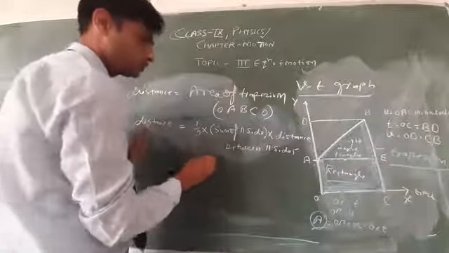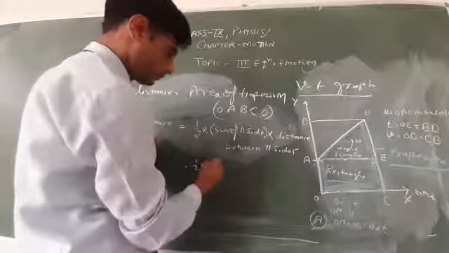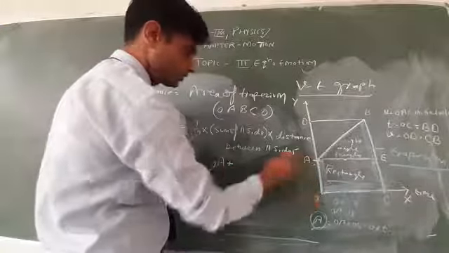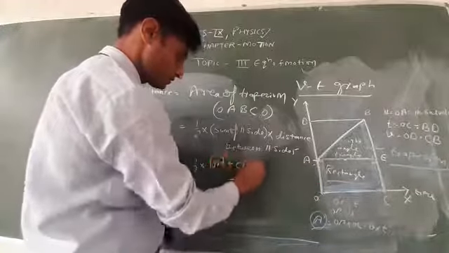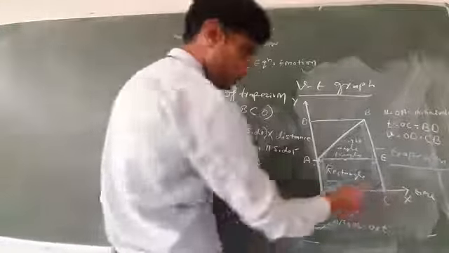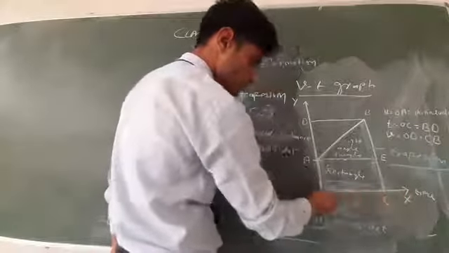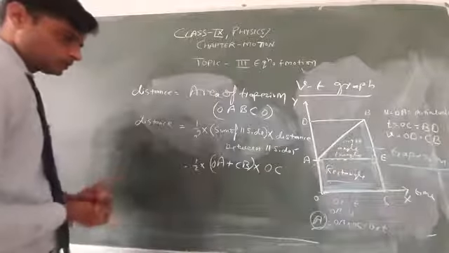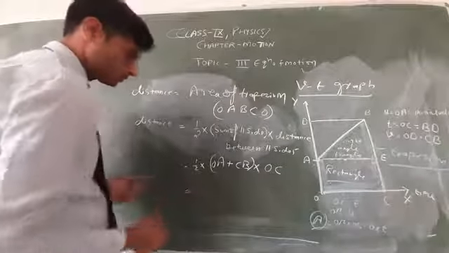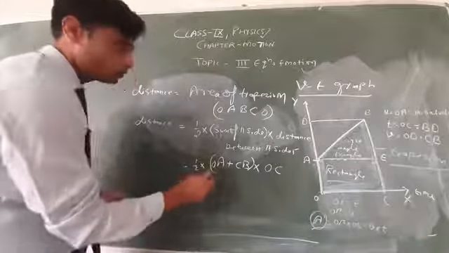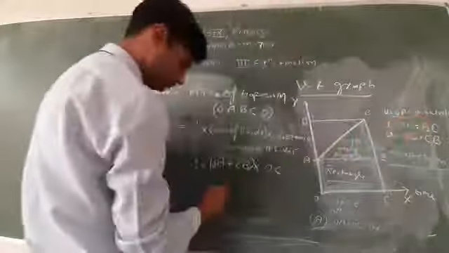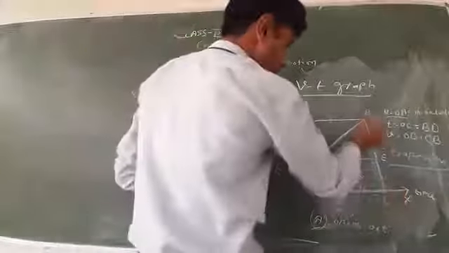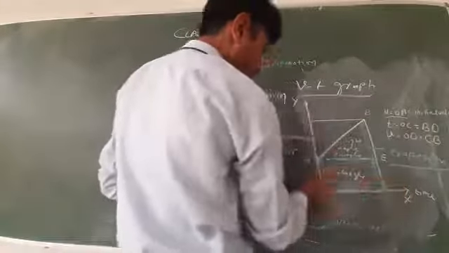So one upon 2, this is equal to OA plus CB, and the distance between them is OC. The value of OA is u, and the value of CB is equal to OD.